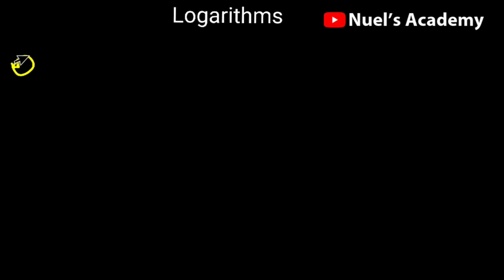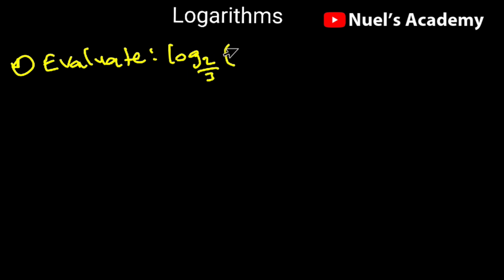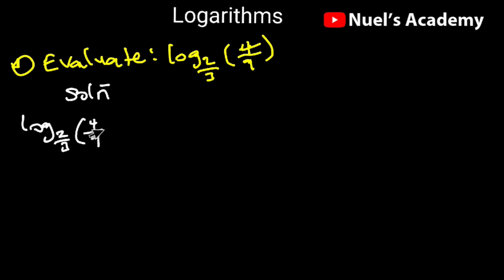So the first example we're going to solve is this. We're going to evaluate log base 2 over 3 of 4 over 9. So solution, we have log base 2 over 3 of 4 over 9.